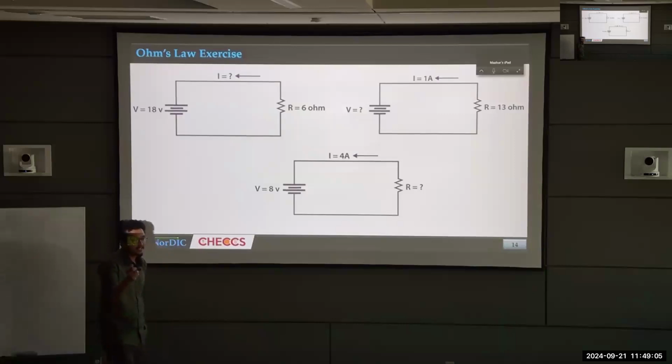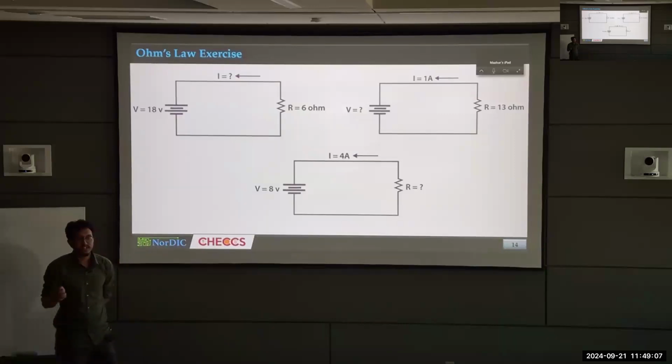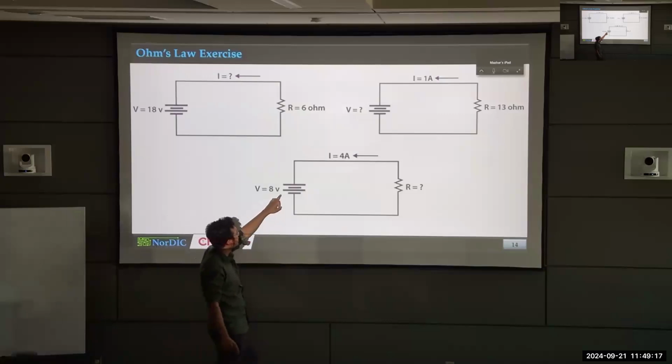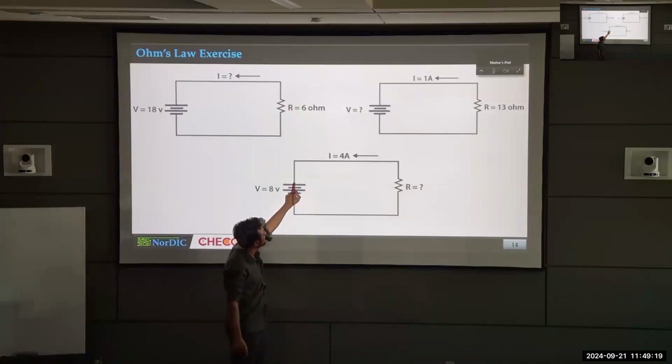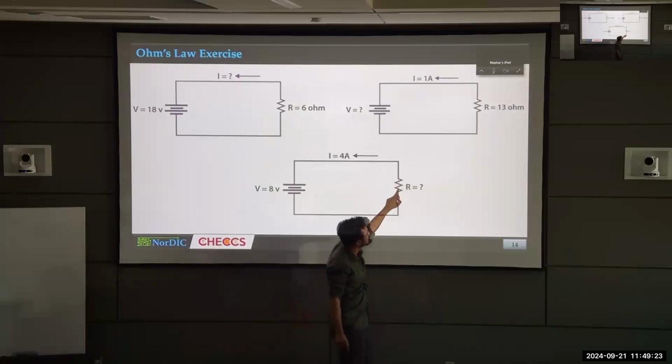As Dr. Fatih has already discussed, we are not considering the flow of electrons as the direction of current flow, which is quite the opposite. So always remember that the current flow direction is from the positive terminal of the battery toward the resistance.